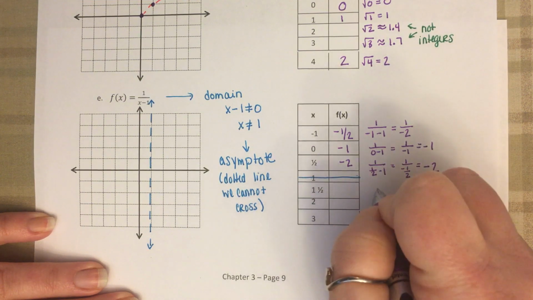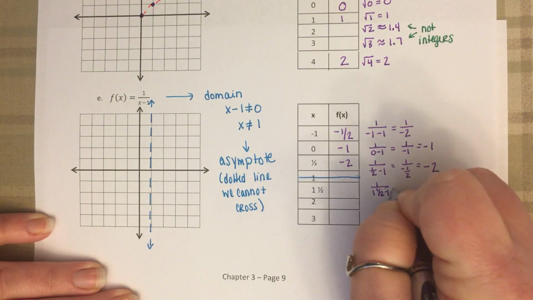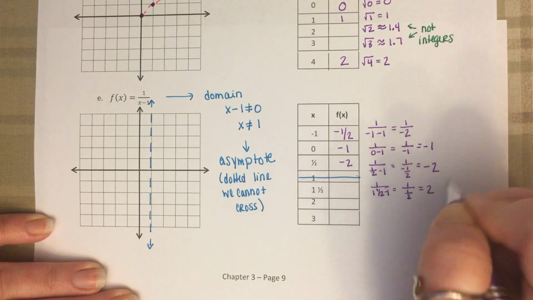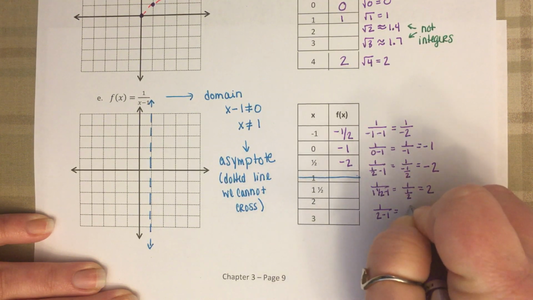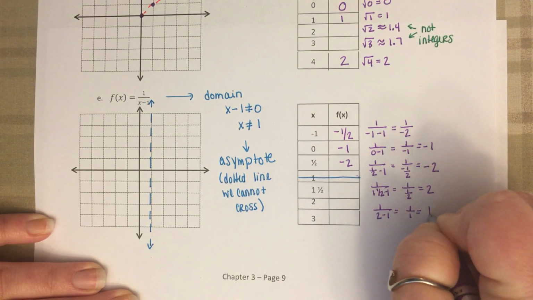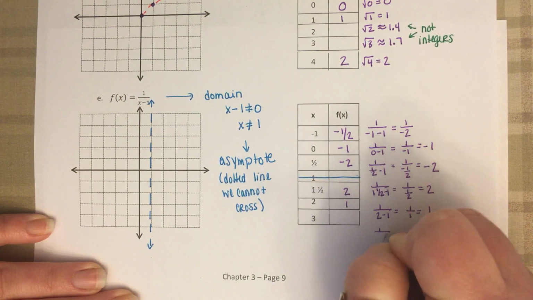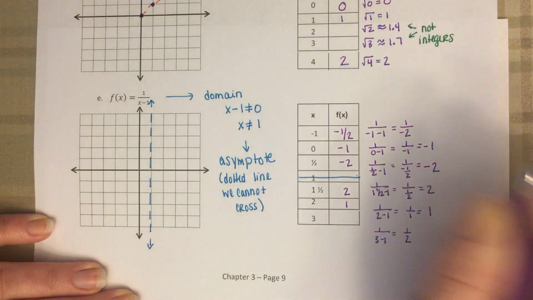Down here we're going to continue plugging numbers in. 1 over 1/2 minus 1 is going to give us 1 over +1/2, which is 2. 1 over 2 minus 1 is 1 over 1, which is just 1. And 1 over 3 minus 1 is going to give us 1/2.